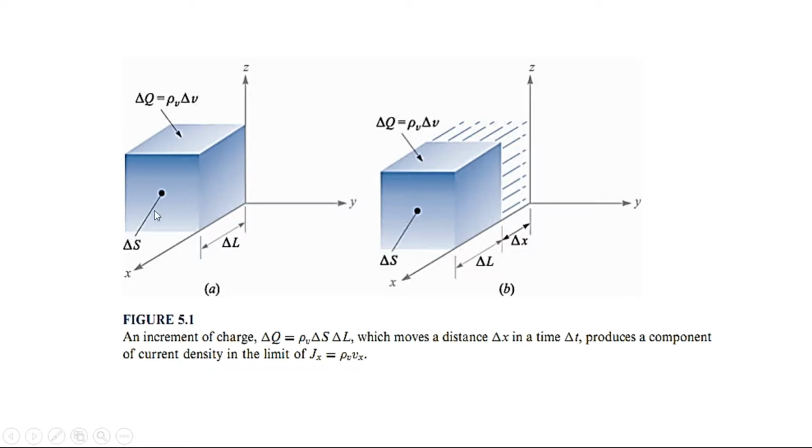In time del t, this distribution of charge has covered a distance of del x. So del x by del t represents the velocity of the motion of charges, and del q by del t constitutes the current.